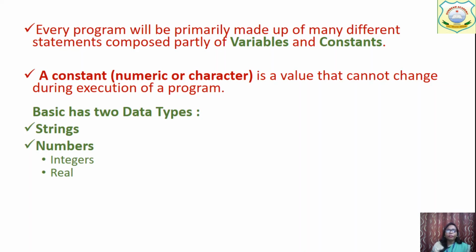So we have different statements in any program, and in statements we have variables and constants. The name itself defines it. Just see, what is a variable? A variable is anything whose value changes, and a constant is one whose value remains constant. Now in a program we have variables and constants.